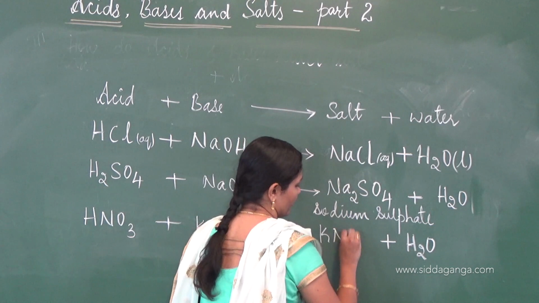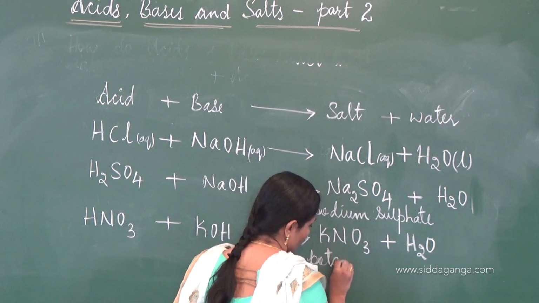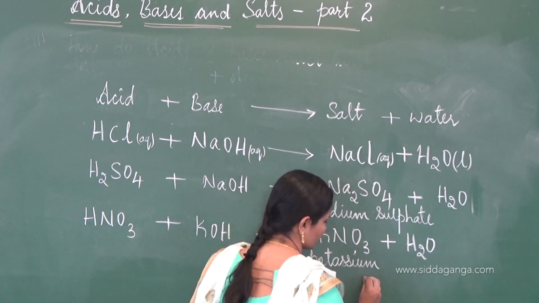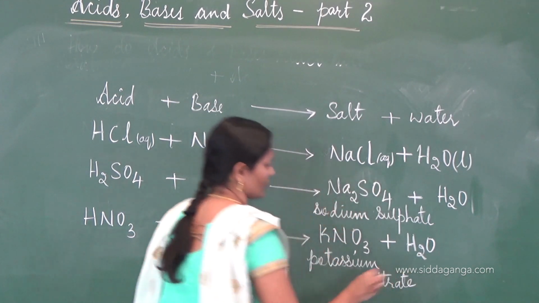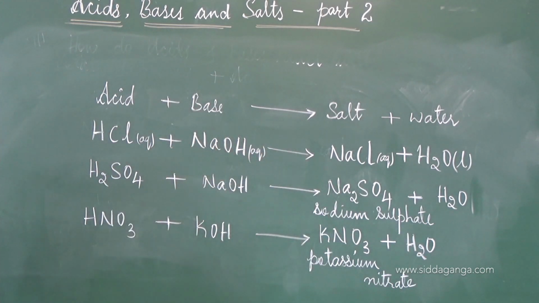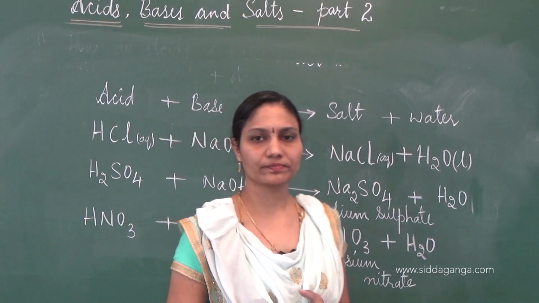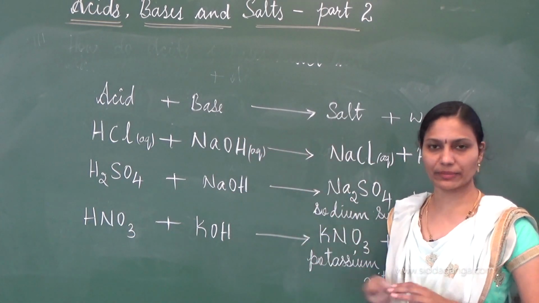Potassium is K, nitrate is NO3. Potassium nitrate. You can try out taking some other acid and other bases. You can write this equation in a similar manner, taking some other acids and bases.